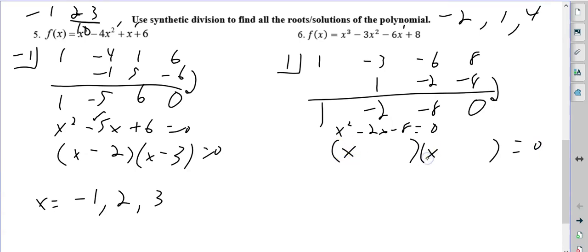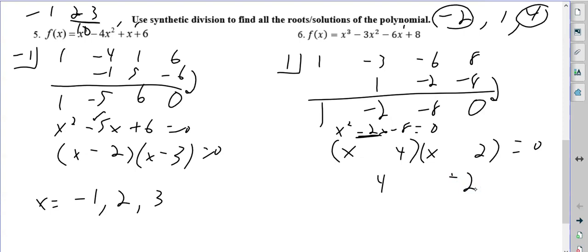All right, I already know my answers. They're negative 2 and positive 4. Now, that doesn't mean I write negative 2. Remember, I want more negatives, right? Sorry, my bad. This is the answer, positive 4, and this is the answer, negative 2.